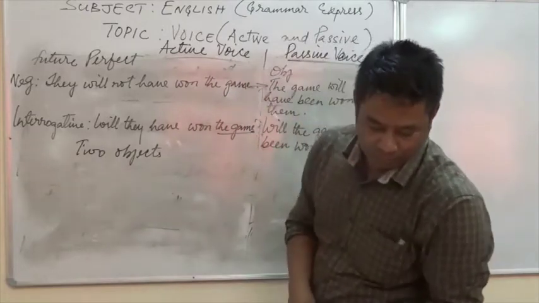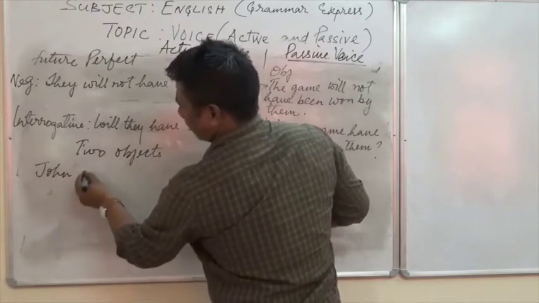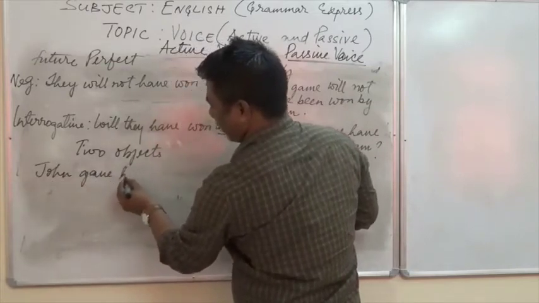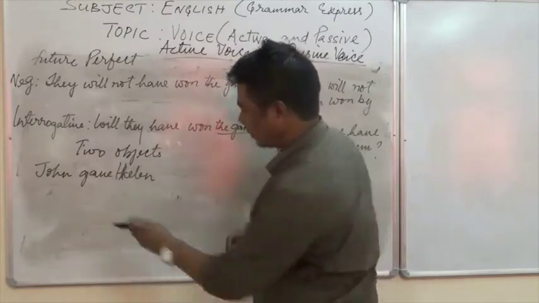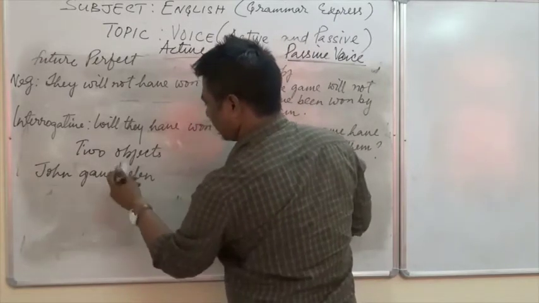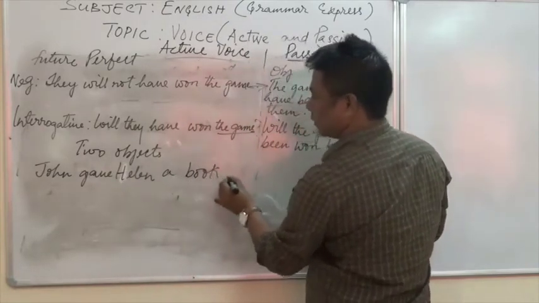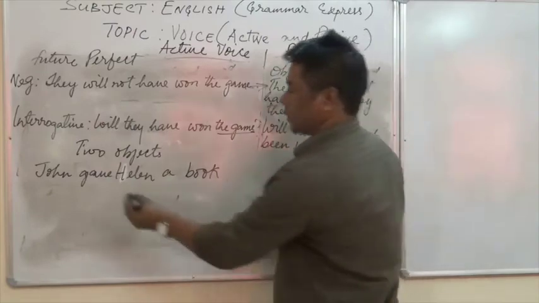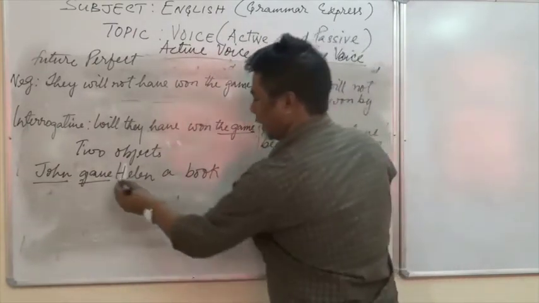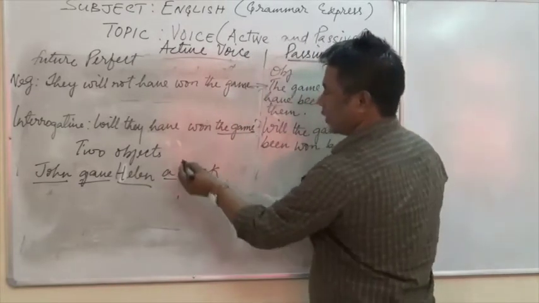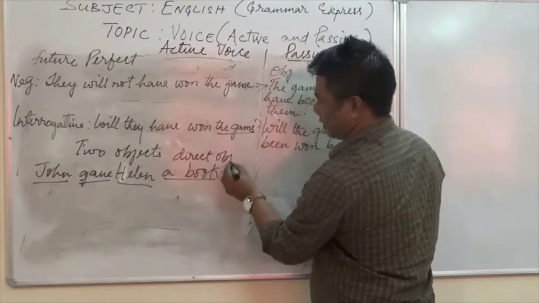Example, John gave Helen a book. Here John is the subject, gave is the verb, and a book is the direct object, while Helen is the indirect object.